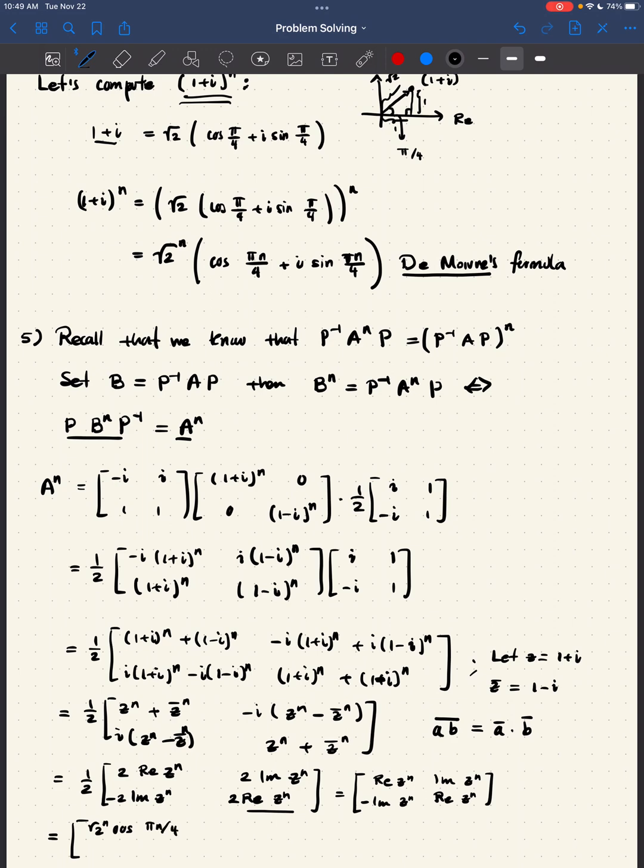This one is going to be the square root of 2 to the n times sine of pi n over 4. This entry, negative square root of 2 to the n times sine of pi n over 4. And lastly, square root of 2 to the n times cosine of pi n over 4.